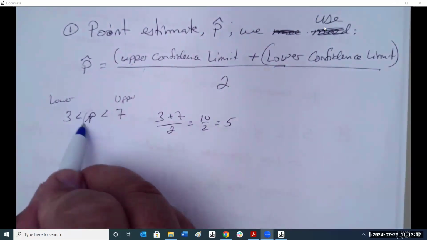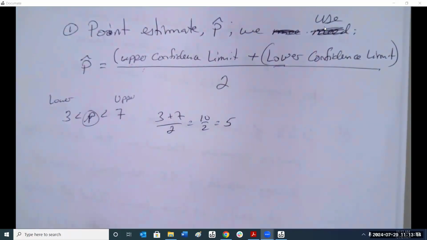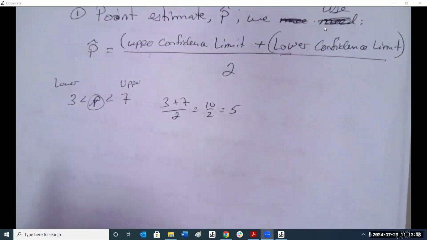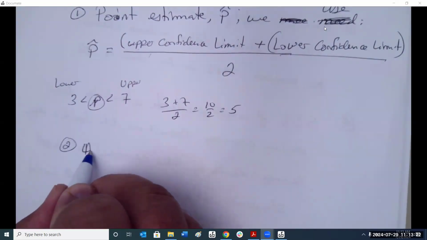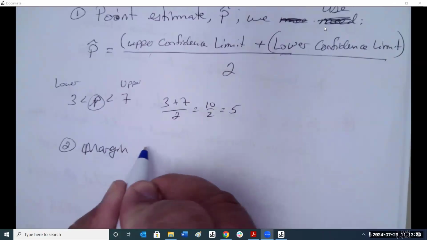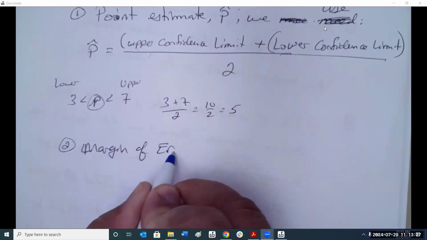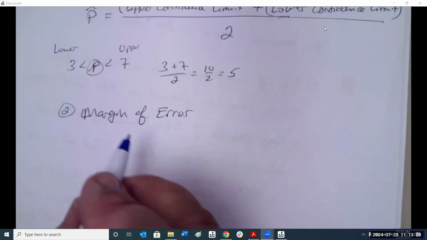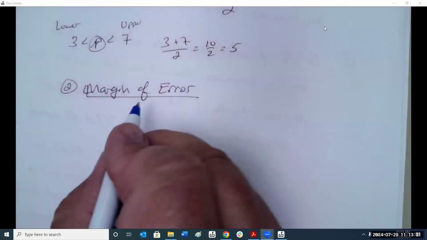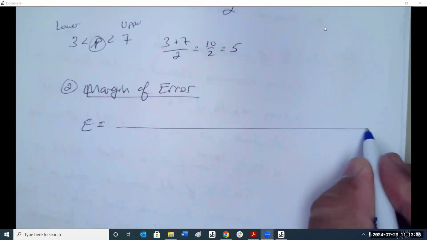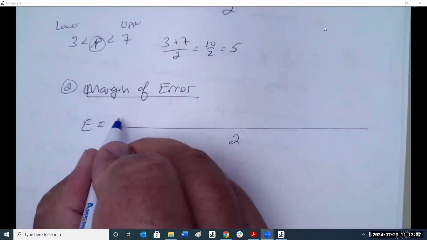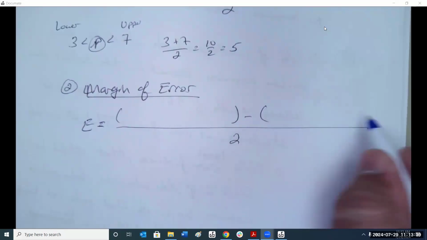That tells us the middle number. Now to find the margin of error, E, we take the same values, but this time we subtract them.